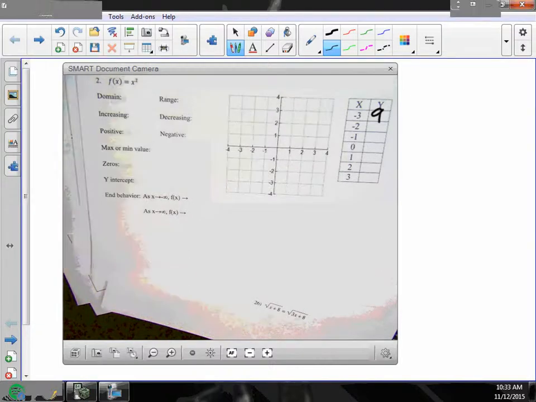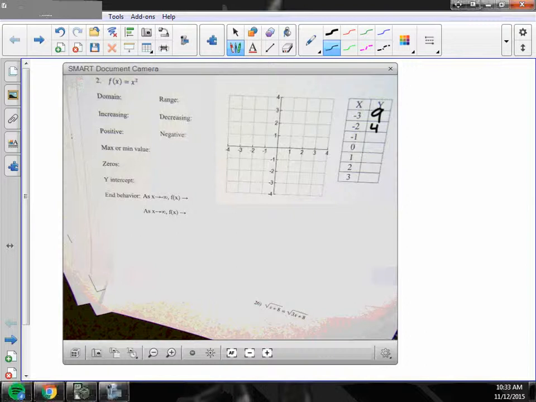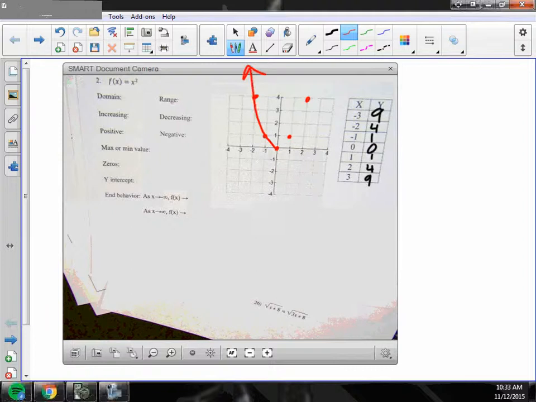It doesn't fit on the graph, so no. When I plug in negative 2, what will I get? 4, and then 1, 0, 1, 4, 9. So I can graph some of those. This one, and this one, and this one. That one, and that one. And I get a parabola that looks like this.